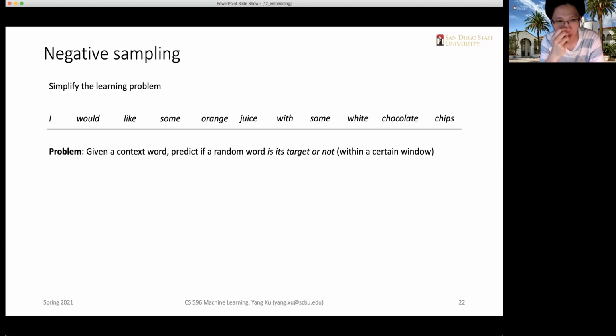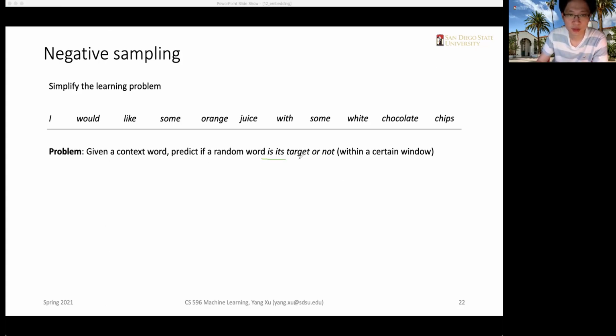Okay, so the problem is that it's not to predict what exactly the word is, but actually, given a context word, to predict if a random word is its target word or not, right? You see the difference here?